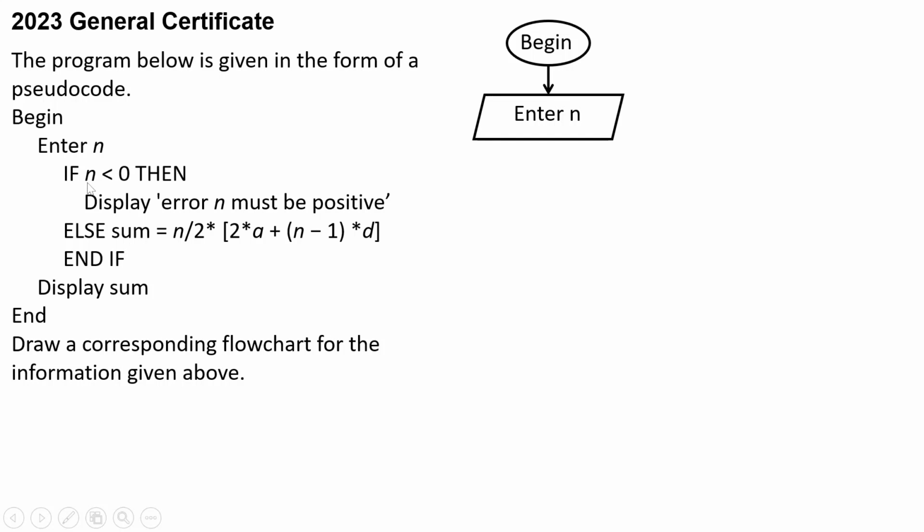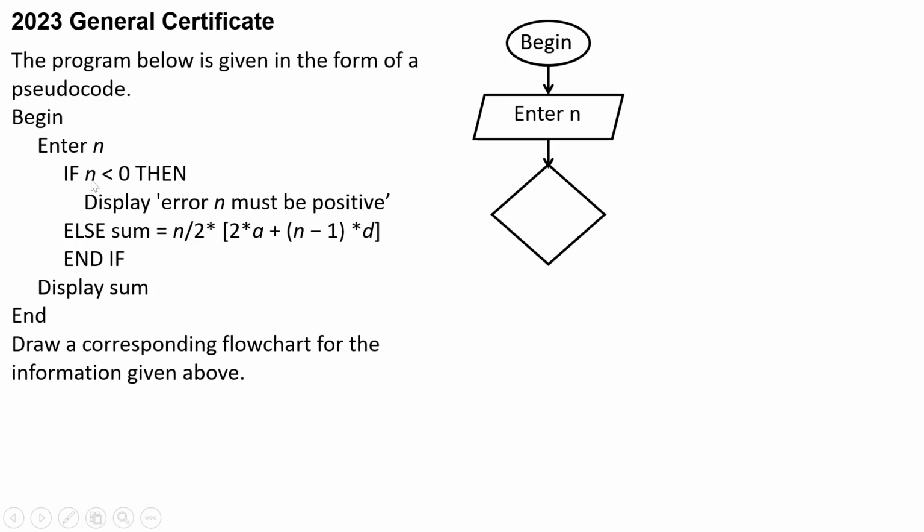Then here they're saying if n is less than 0. This is a condition where a decision has to be made. So you need to bring a diamond or a rhombus, like this one here, with an arrow. This is for a decision where they say if n is less than 0.